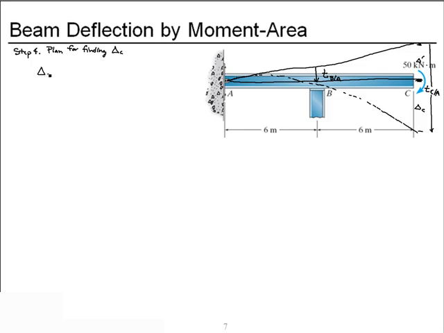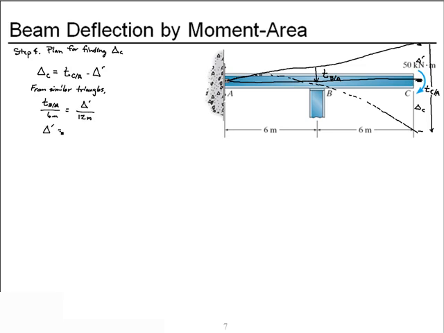So we can find the vertical deflection at C by taking this quantity found by moment area and subtracting delta prime, and knowing that we can find delta prime from similar triangles, this height over 6 meters has to be equal to delta prime over this distance, which is 12 meters.